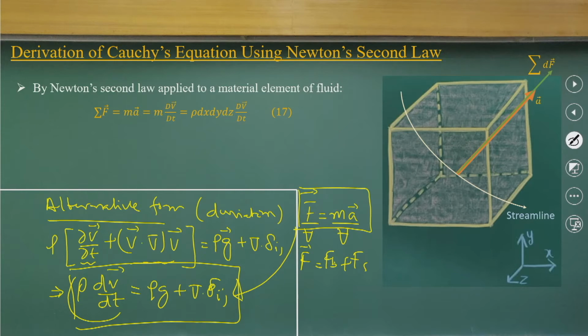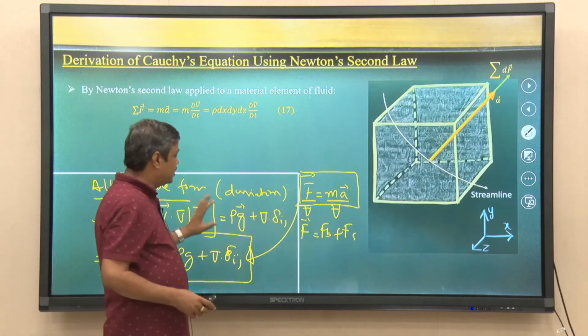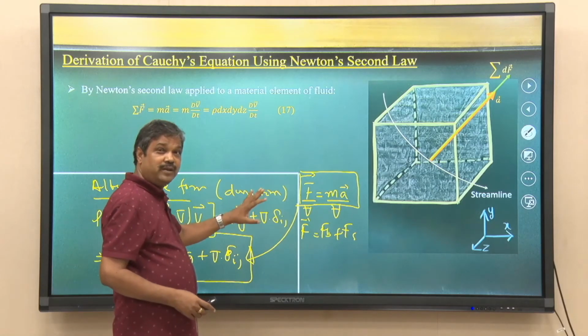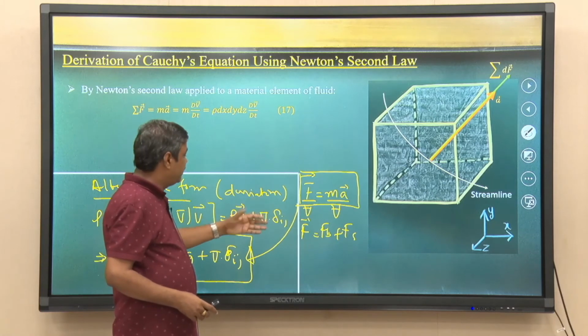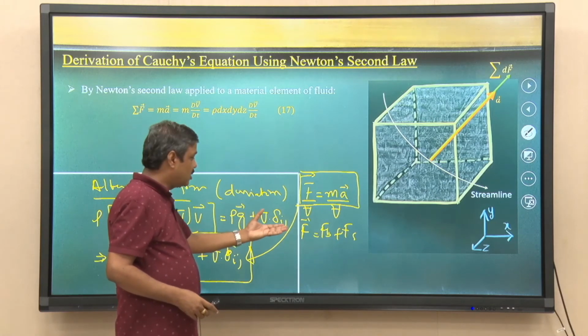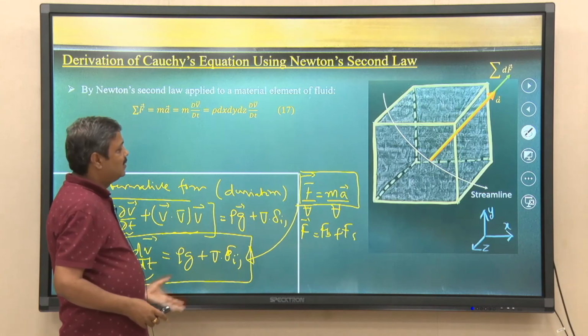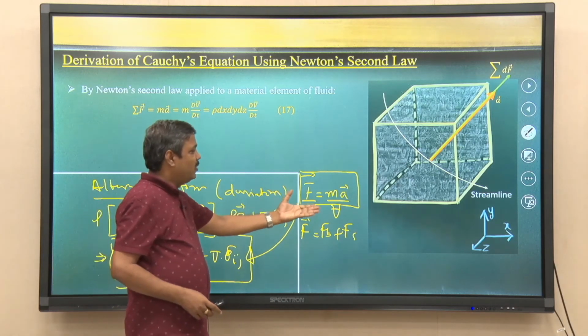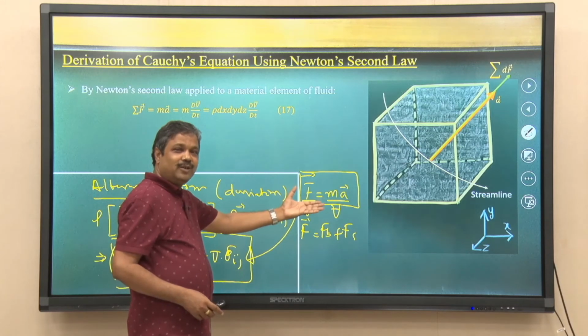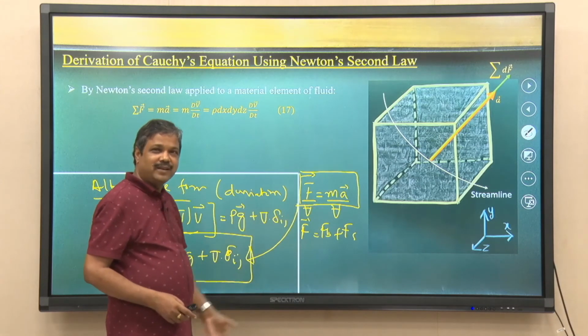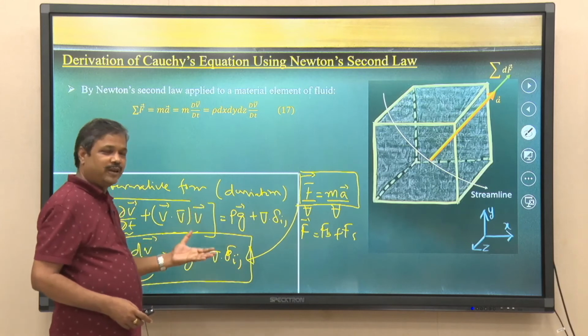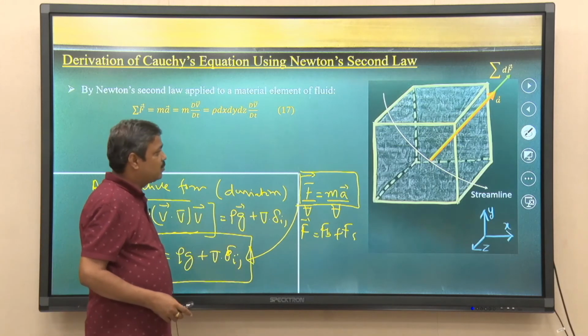There is no difference between Cauchy's equations and Newton's second law, both are the same. Cauchy's equations we are applying for the fluid of a control volume, which has surface stress tensors and the gravity force component. You already know how to apply Newton's second law for solid particles or solid motion.